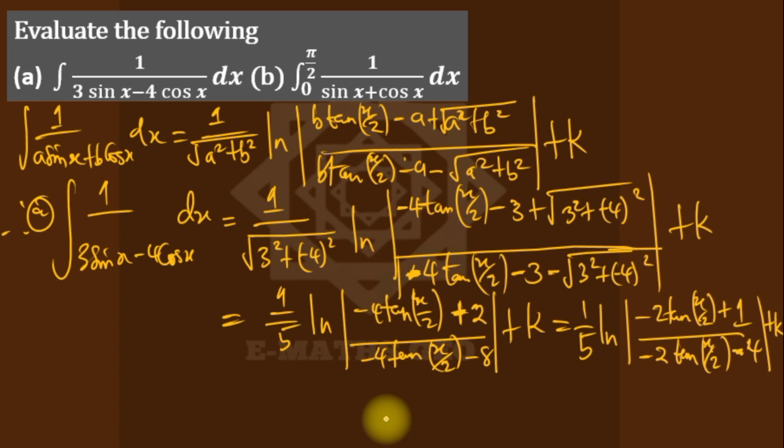Again, if you notice in the denominator there is still a common factor, which is that I can factor minus 2.